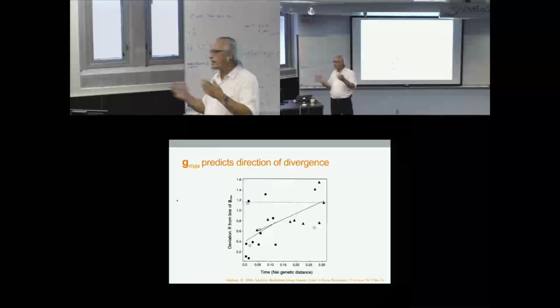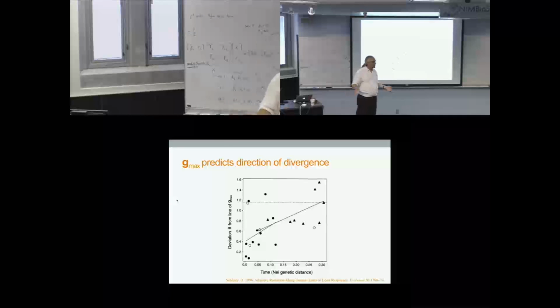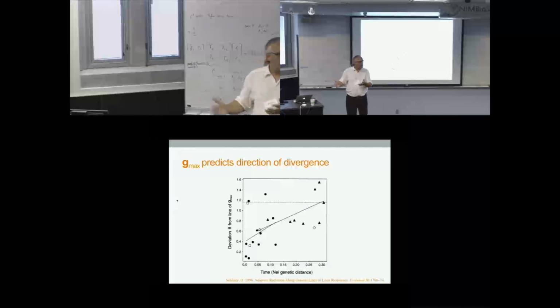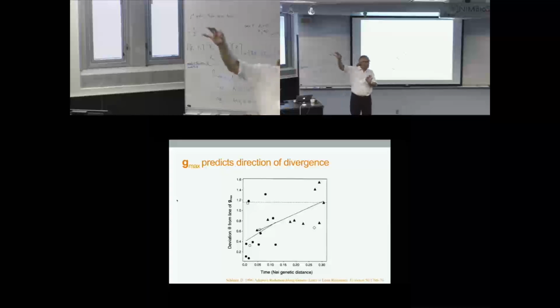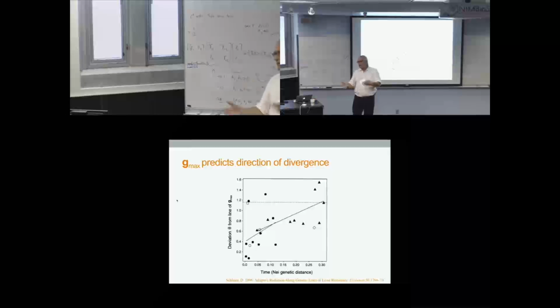So if selection alone determines the pattern of divergence between populations, then there may not be any signature of the G matrix in that divergence. But if there are axes along which there's not enough genetic variation to respond fully to selection, and other axes where there's more variation, then we should expect divergence to be biased in the direction where we have lots of variance against the direction we have less variance.